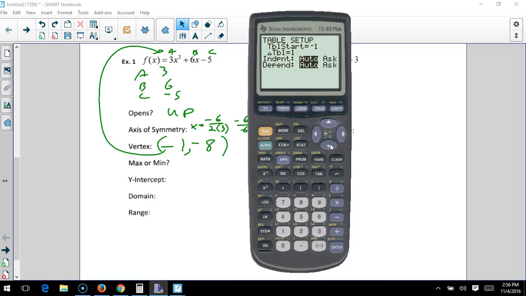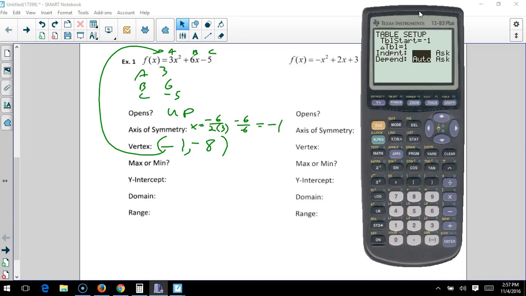Or you can come down here and ask the independent variable. So hit enter there, and then when you go back to your table, you can put in negative 1, and it will give you your answer. So if the number you're looking for is not here, you can just go down and change this to ask mode instead of auto mode and look on the table.